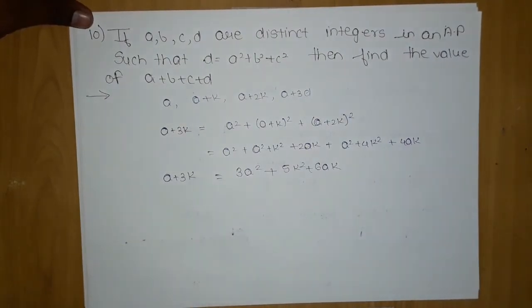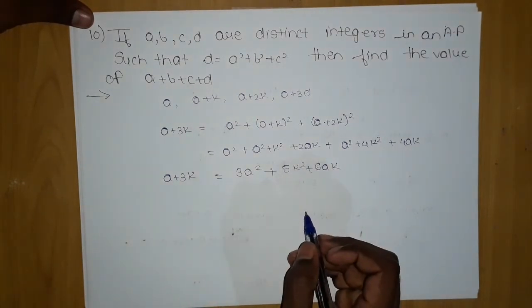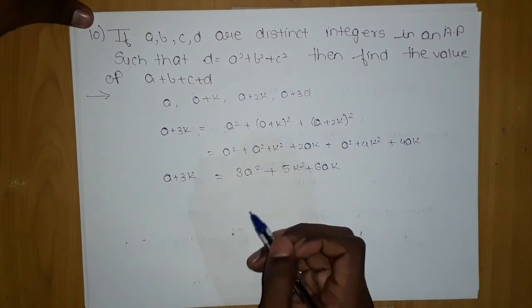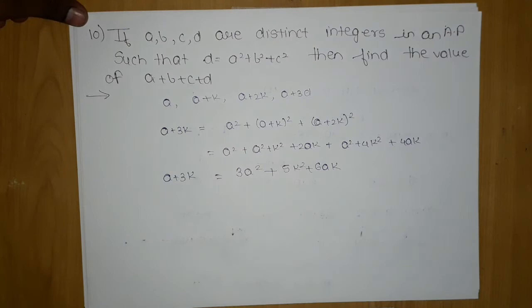We got this thing. Now we want to find the value of a. If I get the value of a, then we can easily get the value of k.